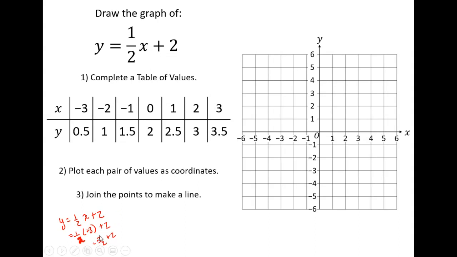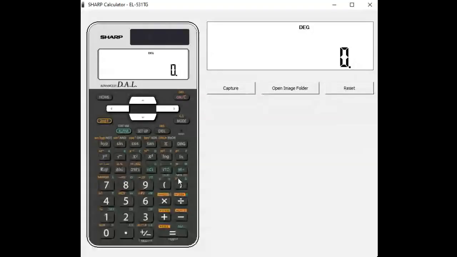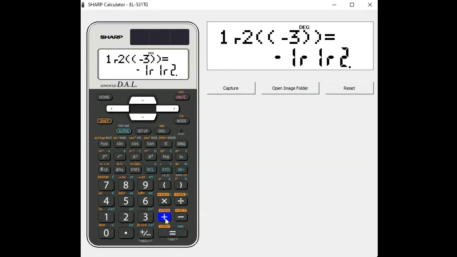Let's see if I can share my calculator because I know sometimes we forget how to use that. So we had 1/2 times -3, which gave me 1.5 or 3/2, right?